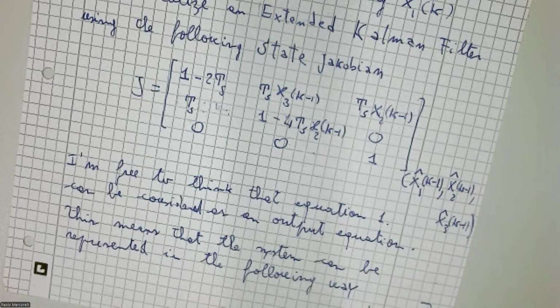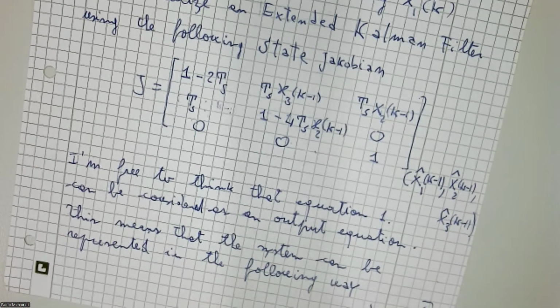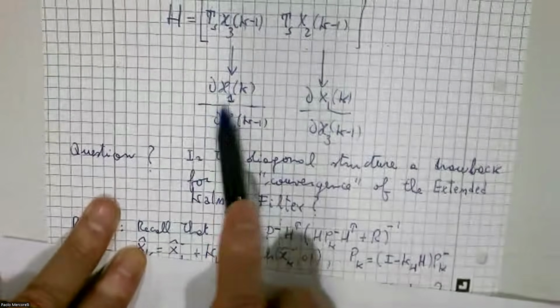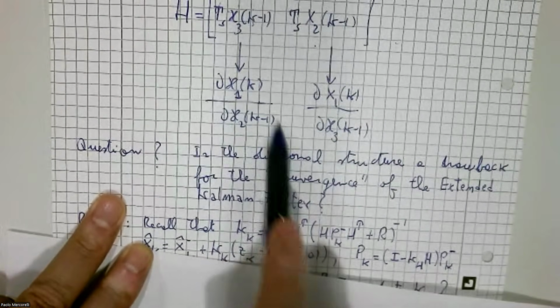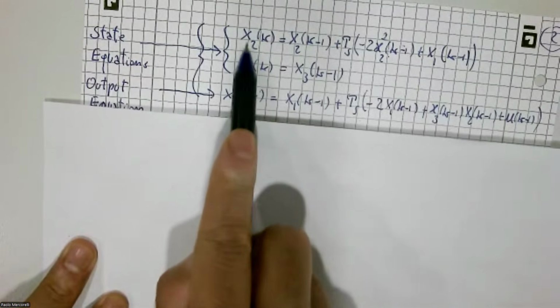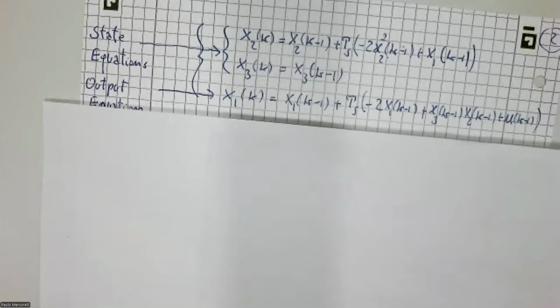The trace is, do you remember, the sum of the diagonal elements of a matrix. Why the a posteriori covariance matrix? Because the diagonal elements are the variance of the corrected estimation. Why this here? This element here is the x of k with respect to x of k minus 1. Why that? Because the states in our representation, you remember, this is a very important concept, are x2 and x3. x1 is an output variable in our choice.